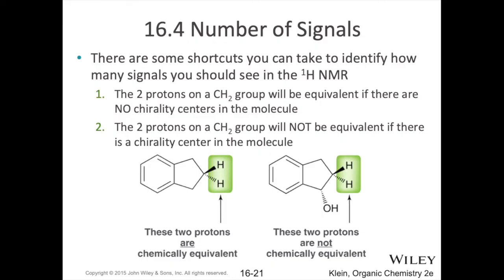Those two protons will be diastereotopic, not enantiotopic, like the example we just saw earlier. As soon as we add a chiral center here, when we do the replacement test, this will be a chiral center as well, and that's why the relationship between these two hydrogens is not one of enantiotopicity.